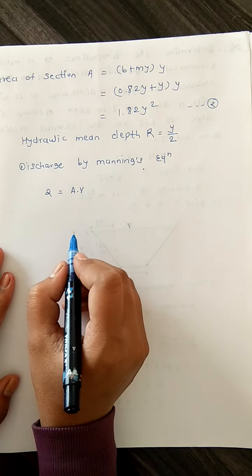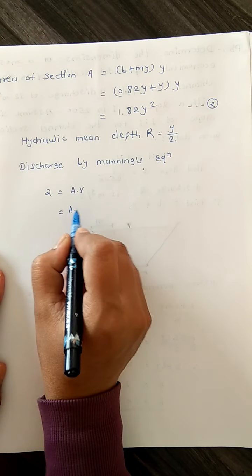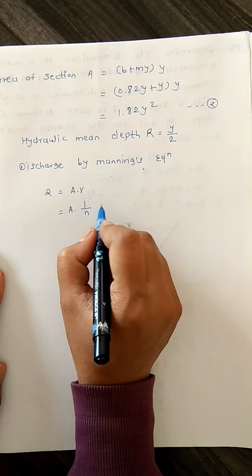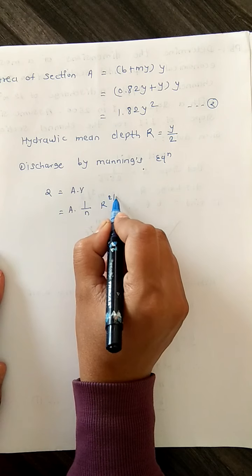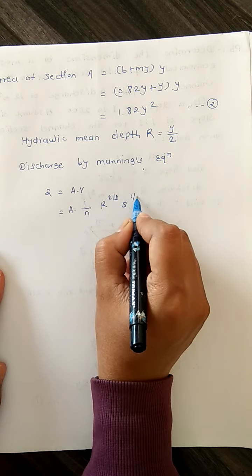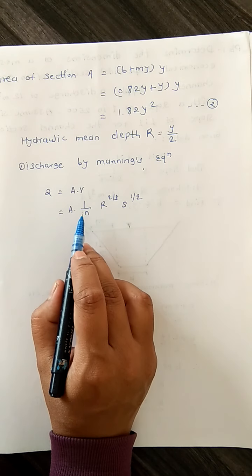This is the basic formula for calculating discharge. Okay. So A into V is given by 1 upon N R raised to 2 by 3 and S raised to 1 half. Okay, this is the value for V, that is mean velocity.